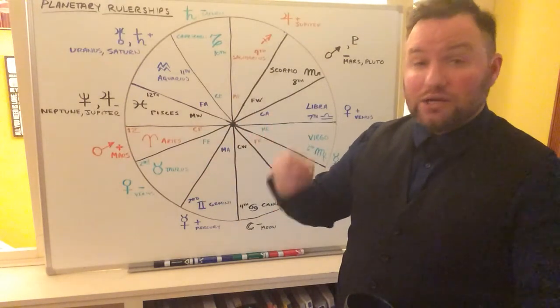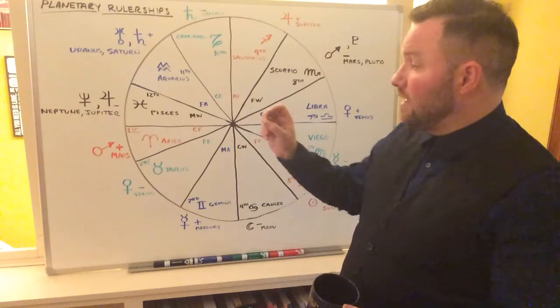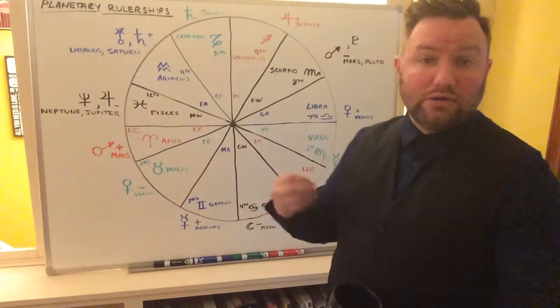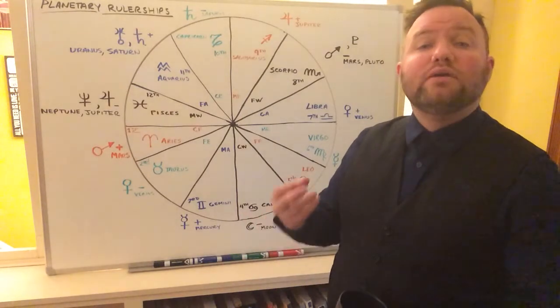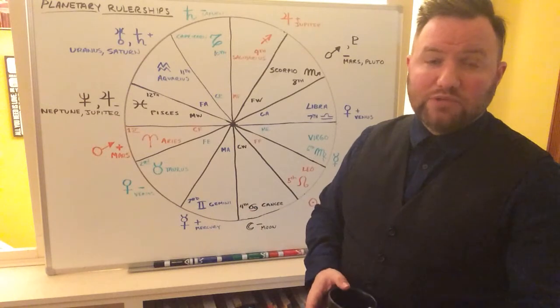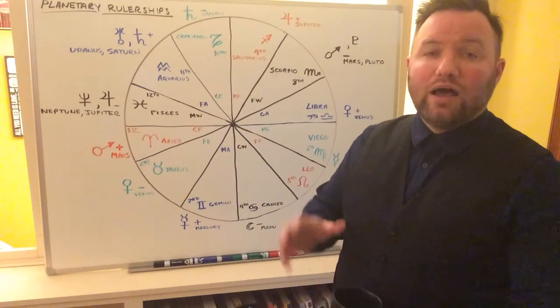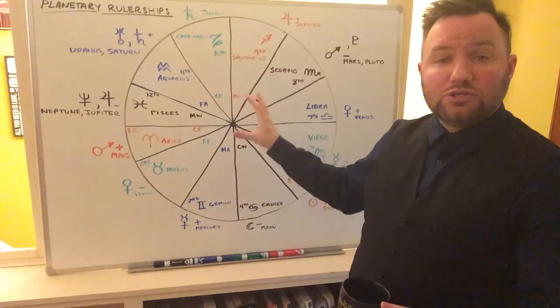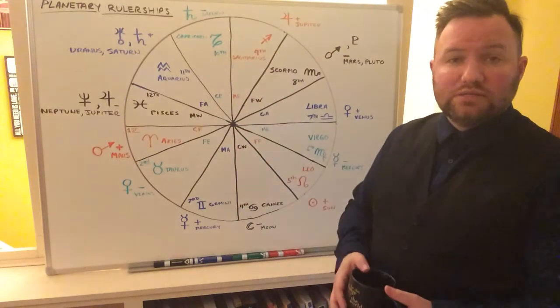There's the detriment. So that's when a ruling planet is in the opposite sign. So if Mars falls into Libra, it's considered to be in detriment. And then fall, which is an extremely weak placement for that particular planet. Okay, we're not going to get too far into that right now. I just wanted to emphasize this chart, understanding astrology as a system.